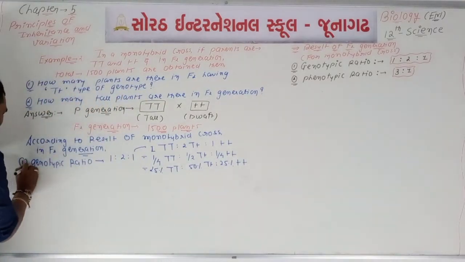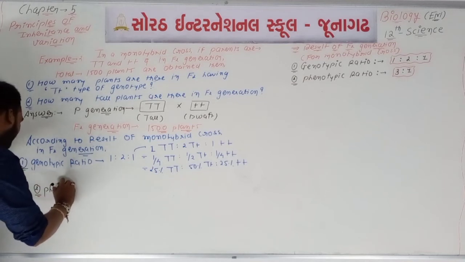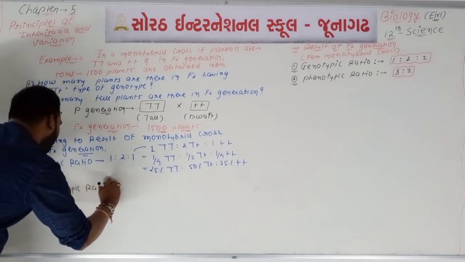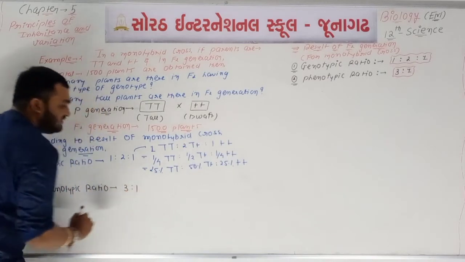Now the second one is about the phenotypic ratio. Phenotypic ratio is 3 is to 1.